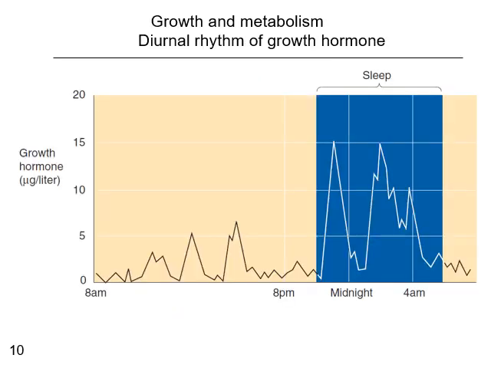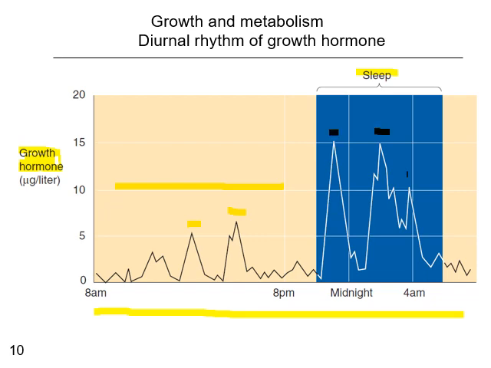There is a diurnal rhythm, a daily rhythm, in growth hormone production. So this is data showing growth hormone as a function of time of day. During the day, growth hormone levels are low. There are some slight oscillations, but it's generally low. During the night, when you are sleeping, or should be sleeping, at least some of the night, there are spikes in growth hormone production.